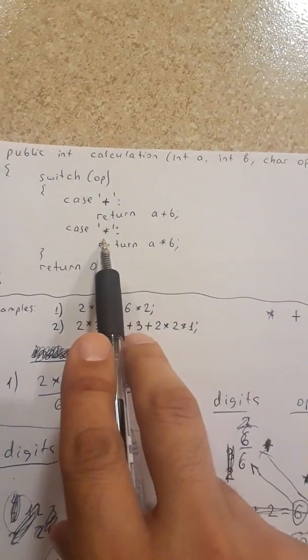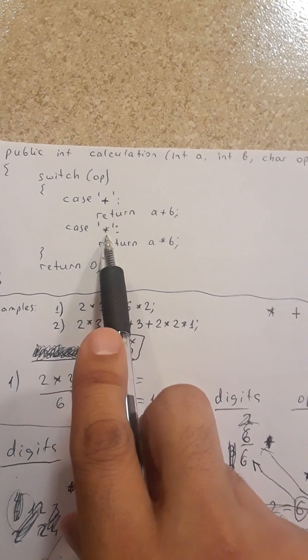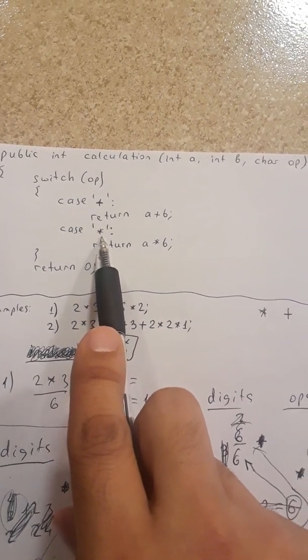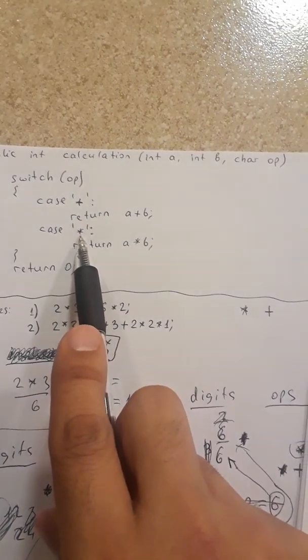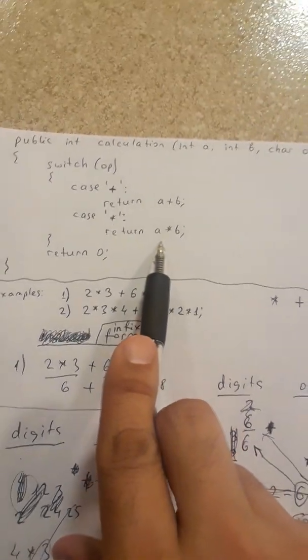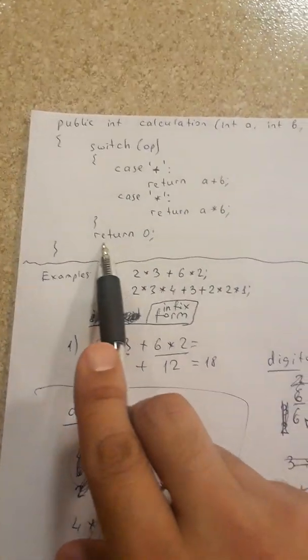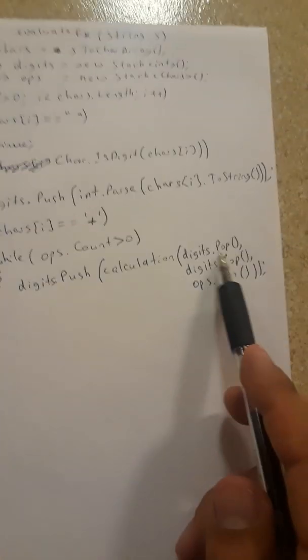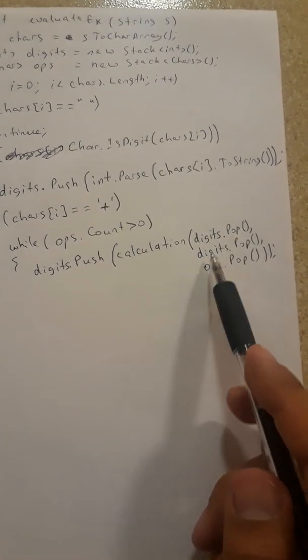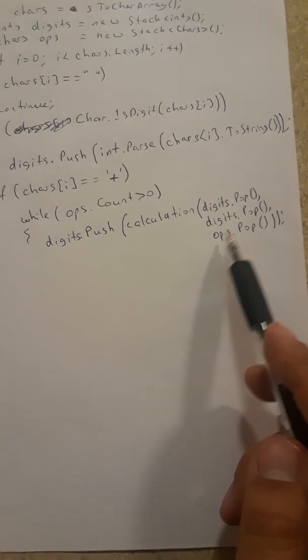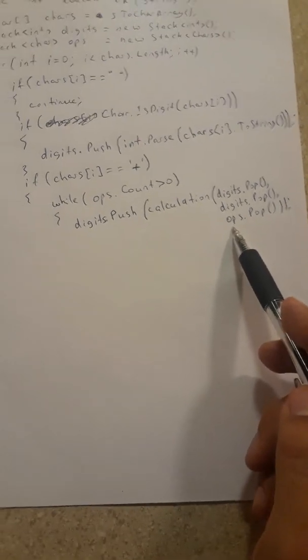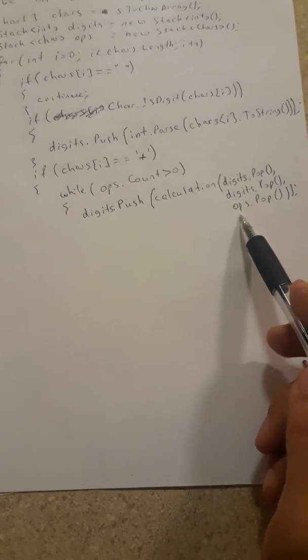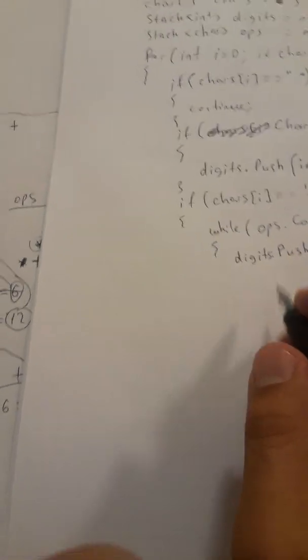If it sees that the operator sign is a multiplication, it just returns the multiplication result. Otherwise it just returns 0. So here we're just popping two integers from the digits stack and one element from the operator stack, evaluating, and pushing the result back to the digits stack.